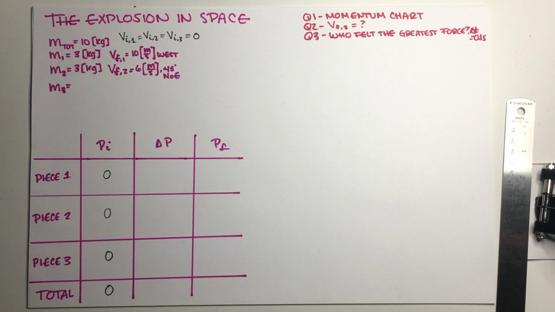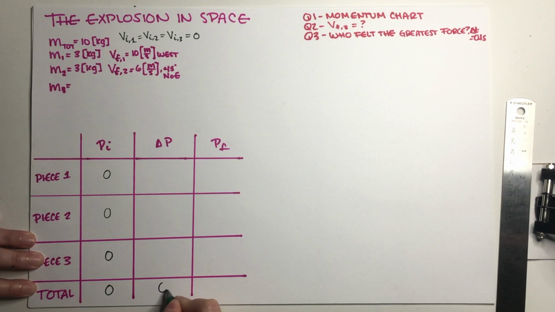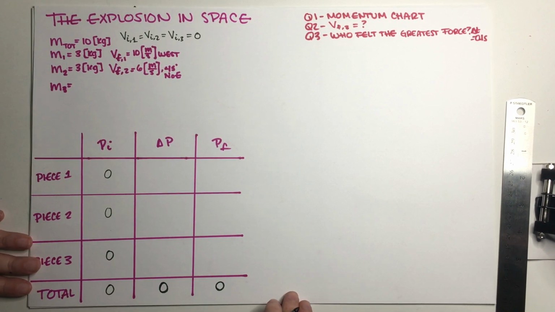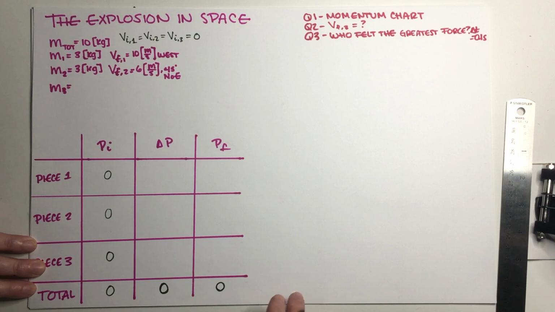Because we don't have any external forces, we can say that momentum is conserved, and that means we get to put a 0 in here. Again, the rules of a momentum chart are that all of the columns and all of the rows have to add up, which means that this is a 0. So there we go. That is the initial information, and then we just complete it based on the fact that we are in space.